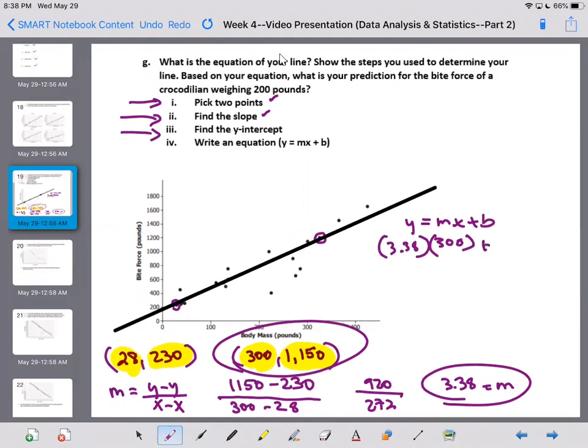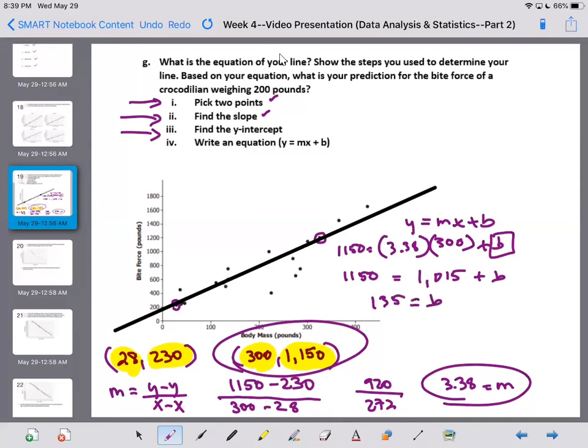I do not know my intercept, and I know that my y value is 1,150. So I need to take that 3.38 and multiply it by 300, and I get approximately 1,015. Then I'm going to take the 1,150 and take away the 1,015, and I get about 135.